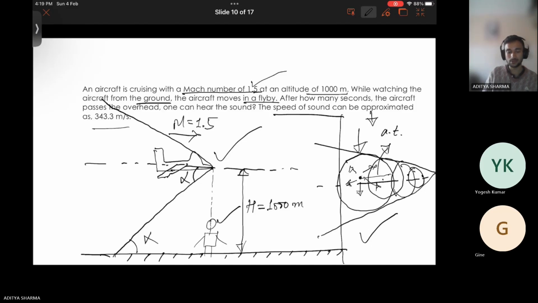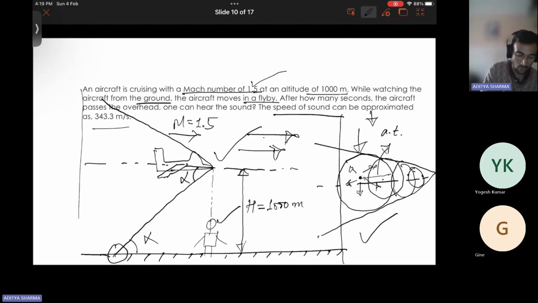So even as this aircraft proceeds further, we won't listen to anything. But a time will come when this whole thing, this big cone, keeps shifting as the aircraft moves forward.